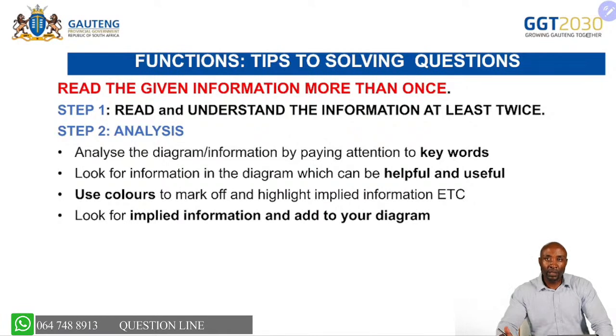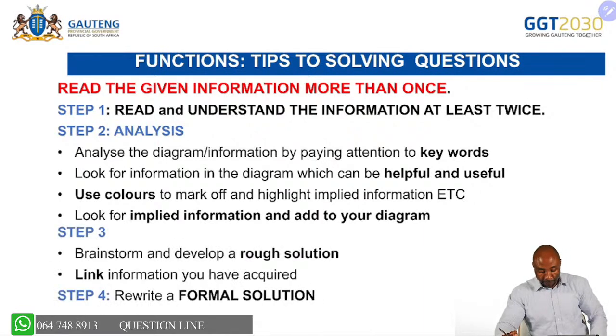Your graph is not defined either below or above that point. If it's a maximum turning point, your graph cannot go above it. So from there, you are able to deduce your range. You are able to also deduce the coordinates of the turning point. We should be able to read that.